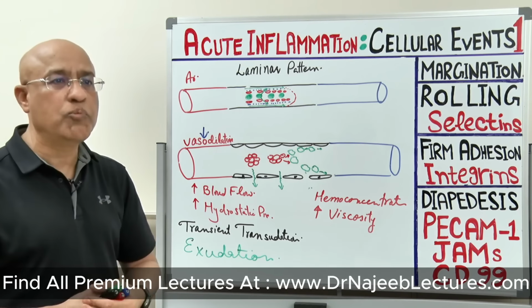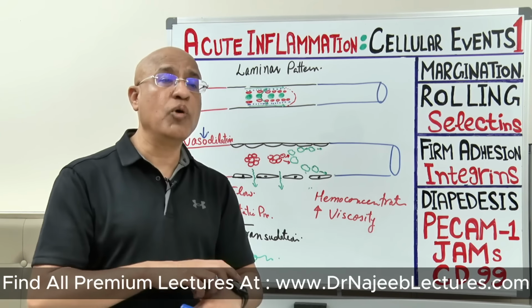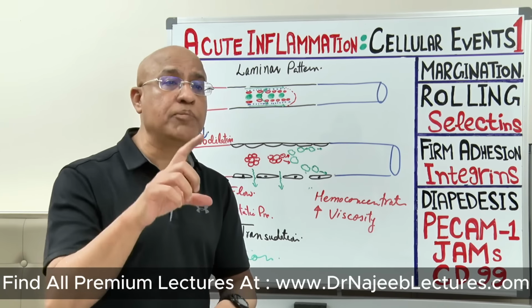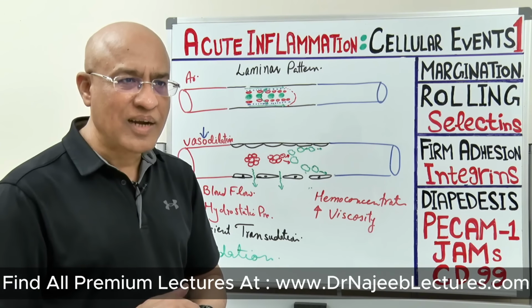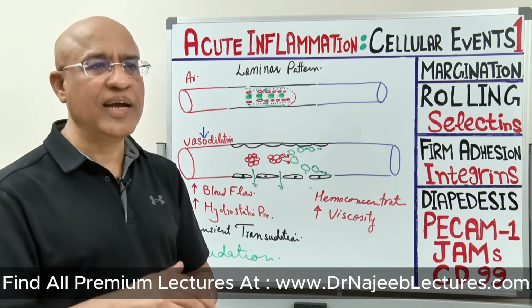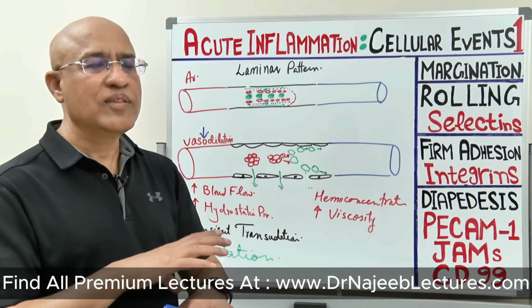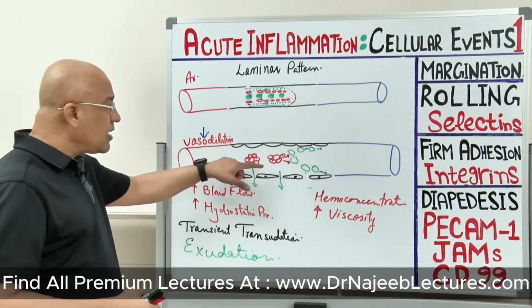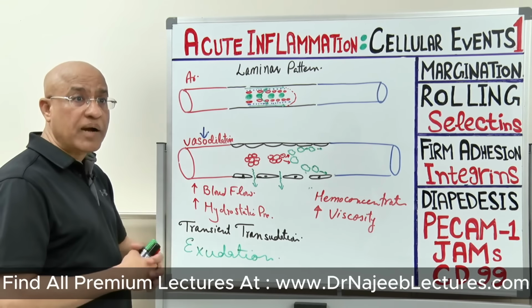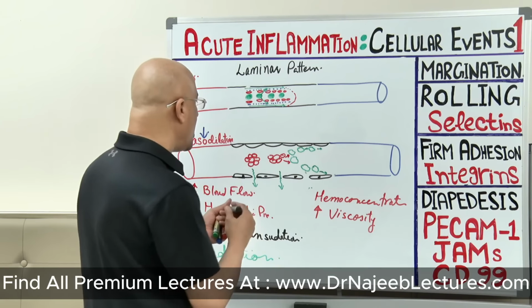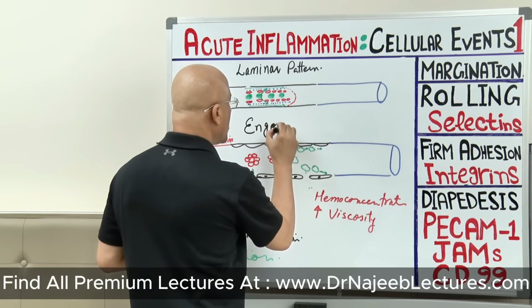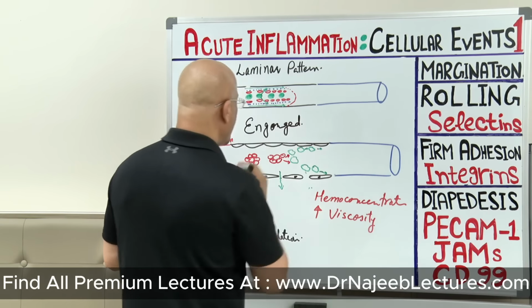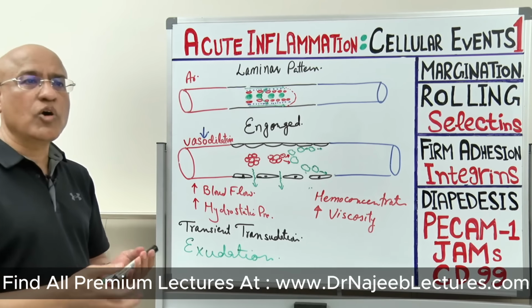So the total amount of blood present in the vasculature of inflamed tissue is more than normal, right? So it is said that the tissue microvasculature is engorged.